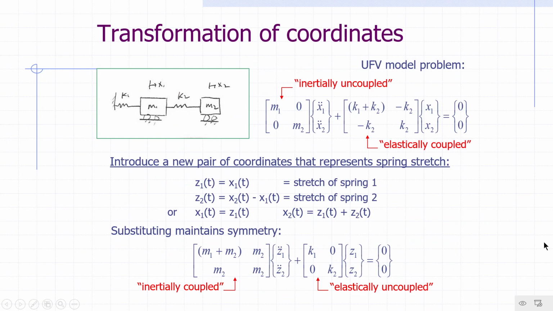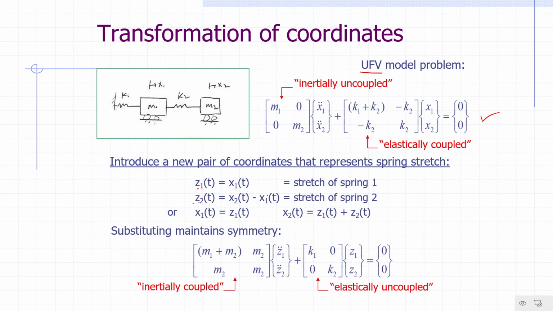Okay. The next part is about transformation of coordinates. So the original equation for undamped free vibration is this one, and let's say we choose two other variables, z1 and z2, like this.